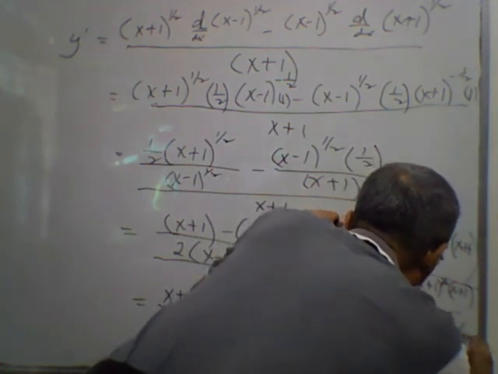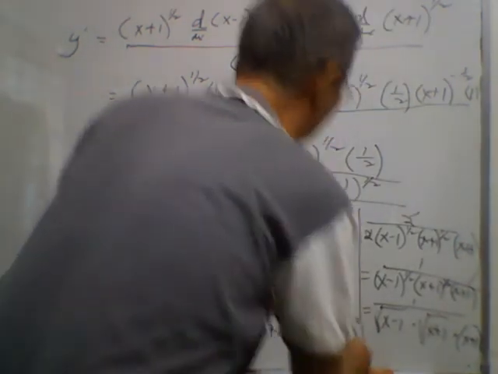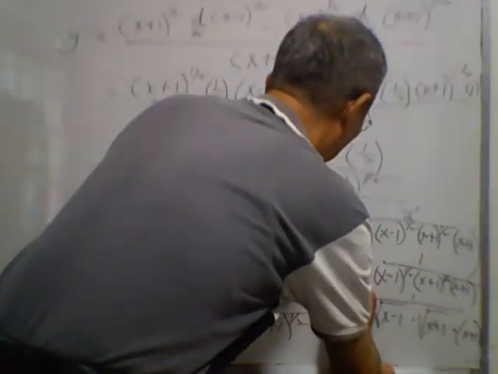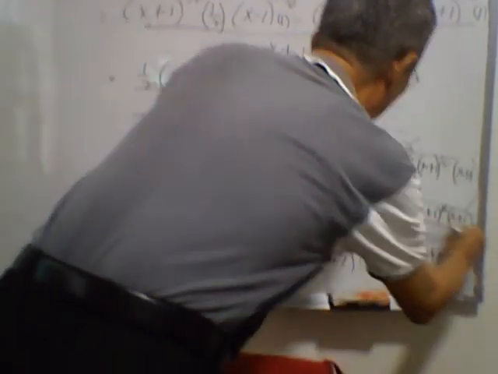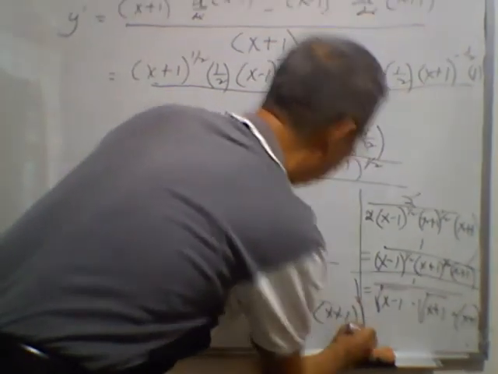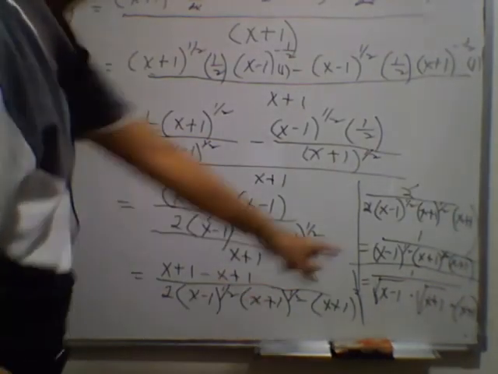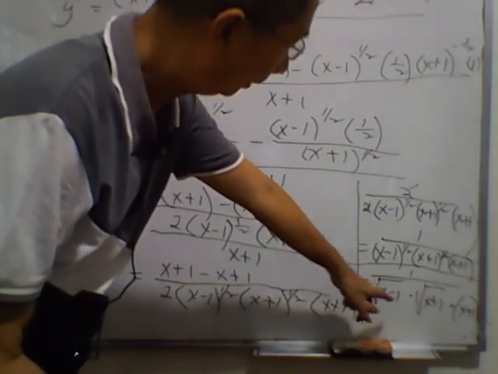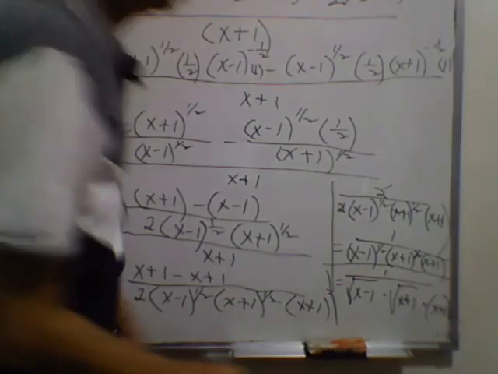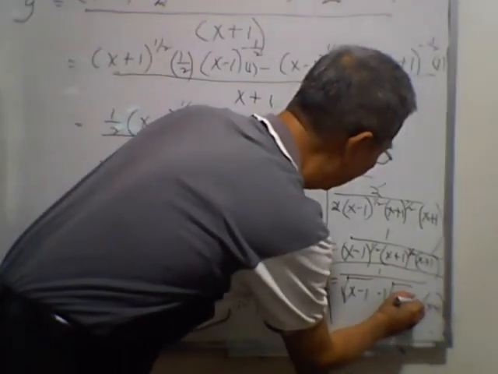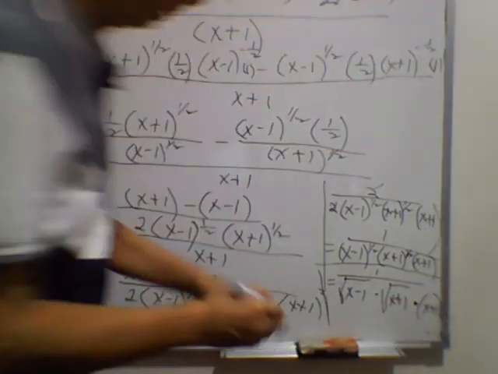So this is our final answer. Our final answer is this portion here: 1 over square root of x minus 1 times square root of x plus 1 times x plus 1. So that's it.